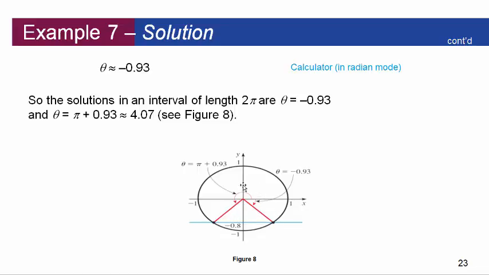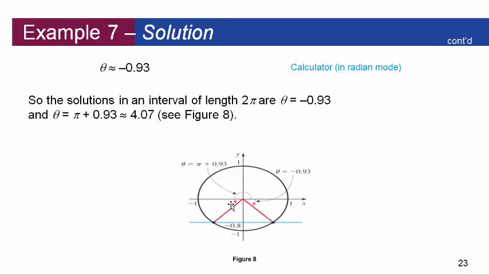If we went around the circle the normal way, this distance over here has to be 0.93, and this is pi, so we get pi plus 0.93. Adding 3.14 and 0.93, we get about 4.07. So we go negative 0.93 or all the way around to 4.07.